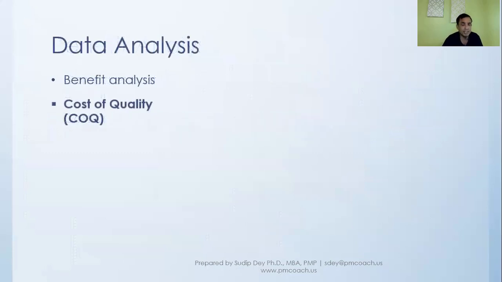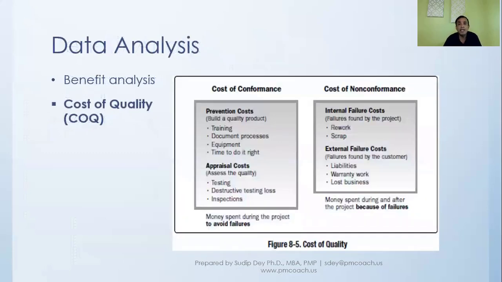Now let's look at what we mean by the cost of conformance and cost of non-conformance. The cost of conformance are those quality costs that we spend to avoid failures. There are two categories here. The first is prevention cost.